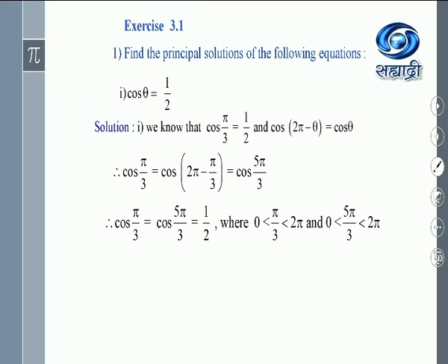Now check whether pi by 3 and 5 pi by 3 lie in the given interval. Clear? But we already got it by the All STC rule. Therefore, it is obvious that these angles satisfy the condition that they belong to the semi-closed interval [0, 2 pi).